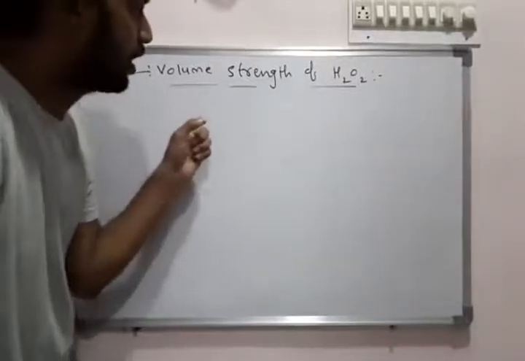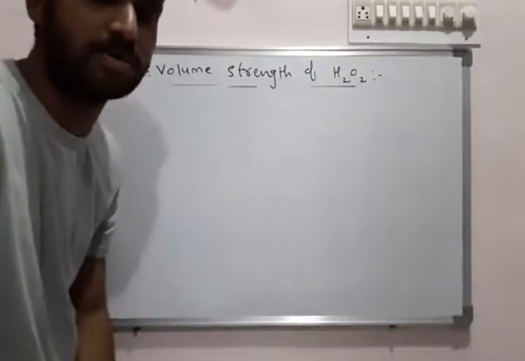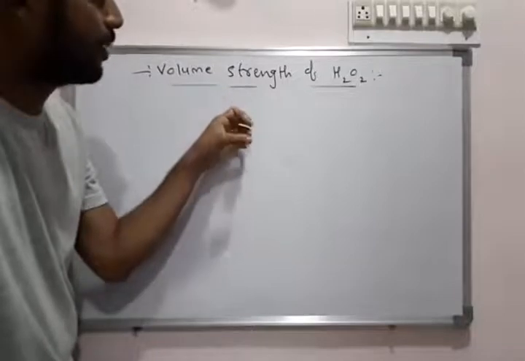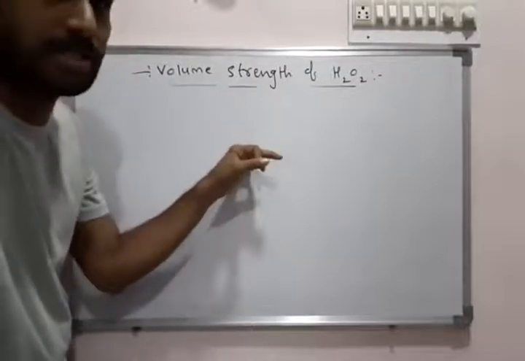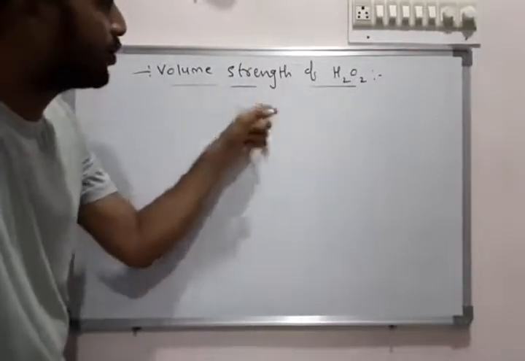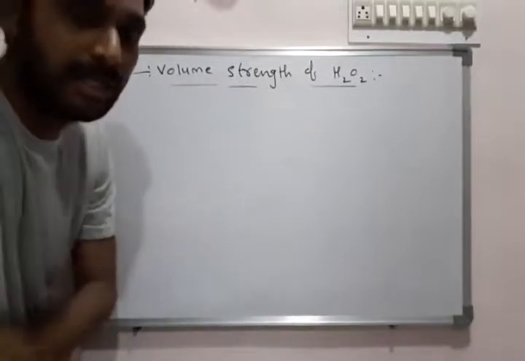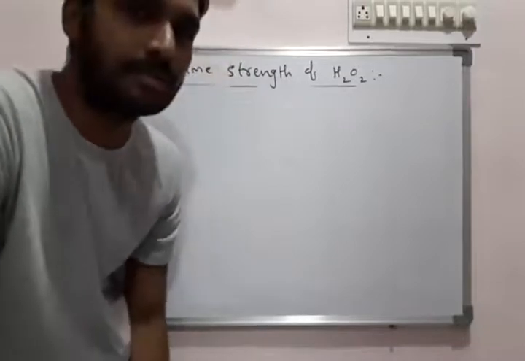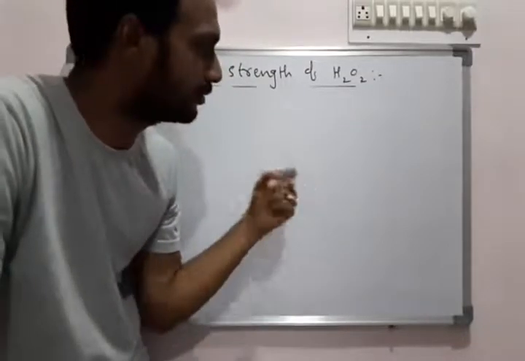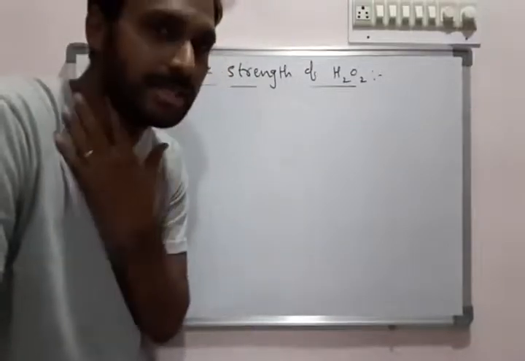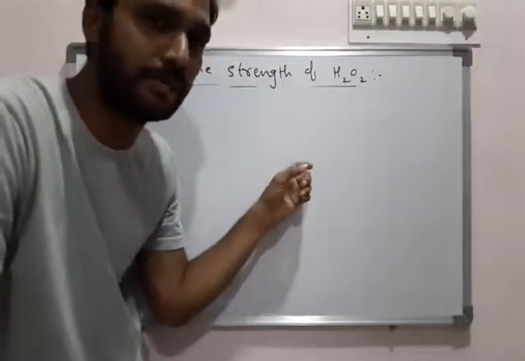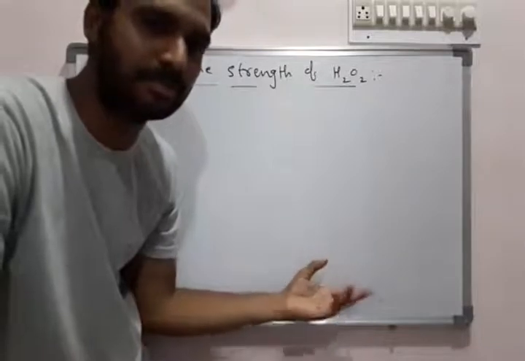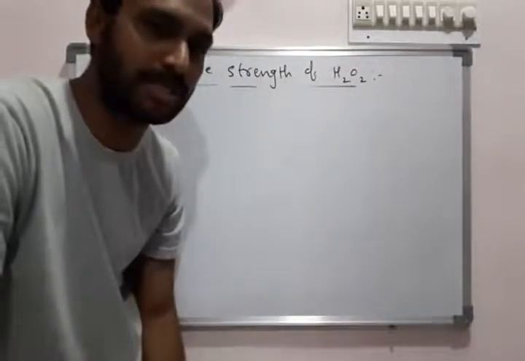So now we see the volume strength of hydrogen peroxide. There is a separate measurement to calculate its concentration, which is volume strength. Normally, for a general solution we use concentrations in normality, molarity, mole fraction, etc., and weight percentage, nothing but mass percentage, volume percentage.